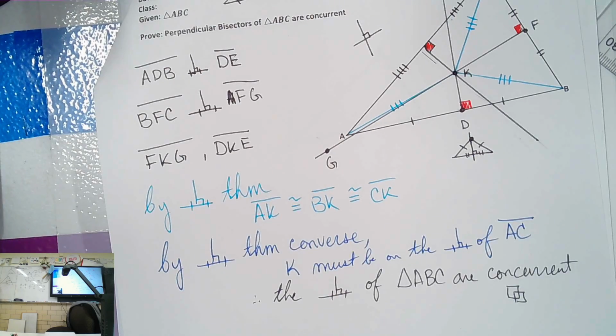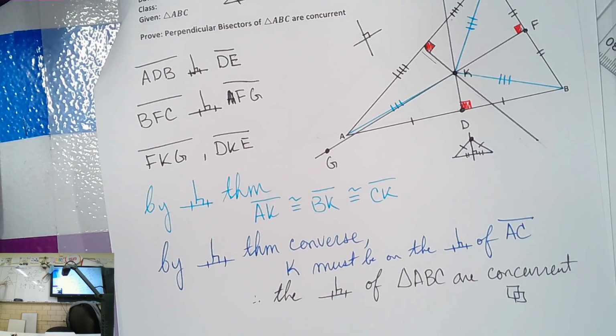They intersect at some point. We're going to call it K. Well, if K is on the perpendicular bisector of this side, then it should be equidistant to the endpoints. Are we cool with that? Well, look at this side. Isn't K also on the perpendicular bisector of this side? Then it must be equidistant from these endpoints, right? You cool?